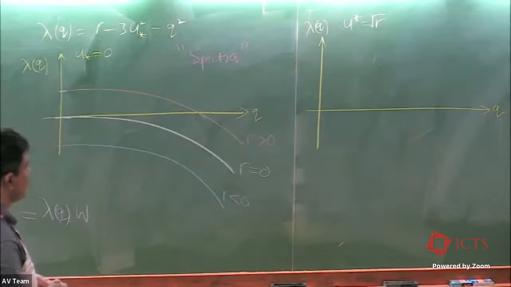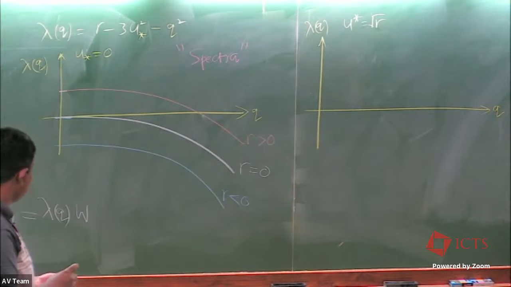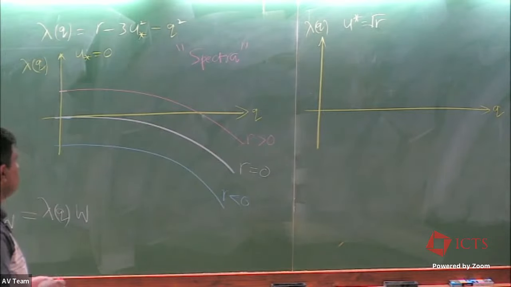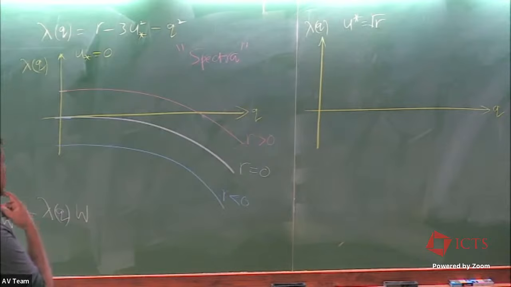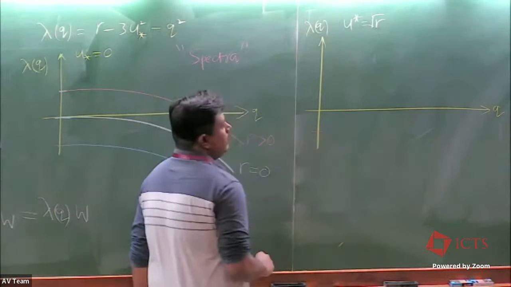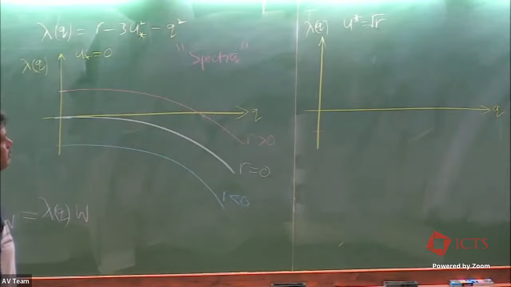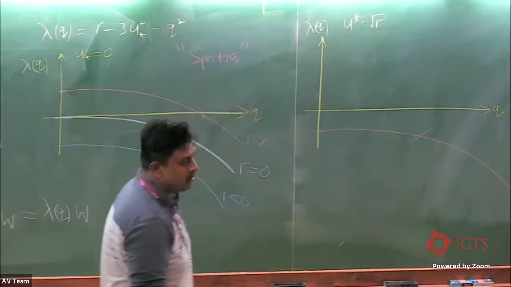I mean, the state itself does not exist. So it's only for R positive. And so just sketch this for me for R positive. What is its value at Q equal to 0? Positive, negative? Negative. Okay, and then go up, go down as you go in Q. Down, okay.